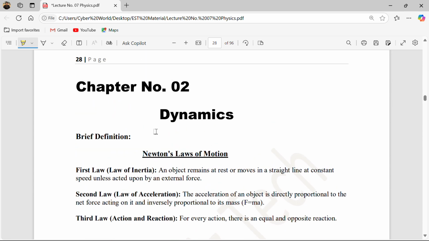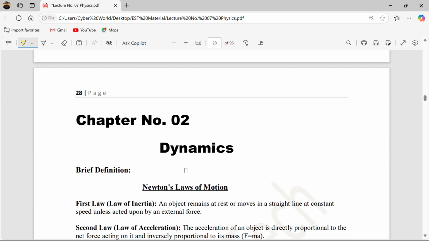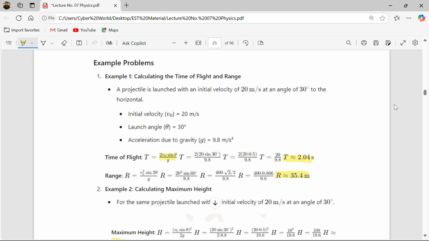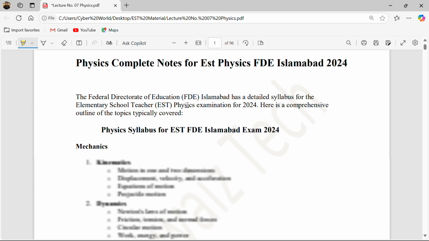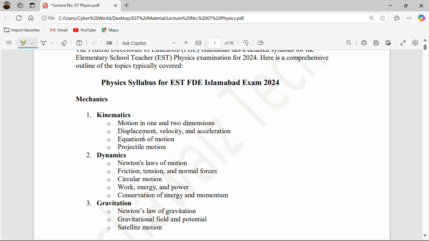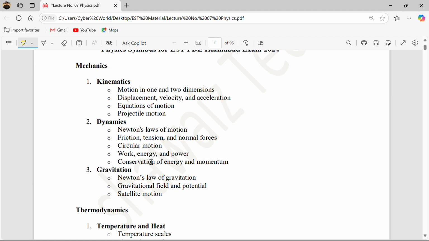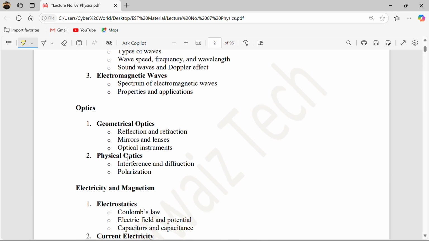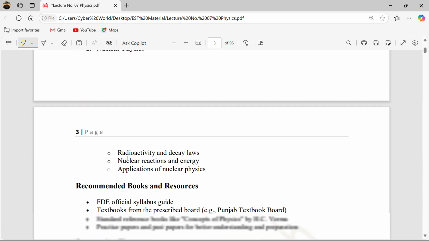Now this is our chapter number 2. We already covered chapter number 1, as I showed you before, kinematics, in which we already covered all of this. We will cover this in our next upcoming video, and along with that we will cover these topics in our coming videos.